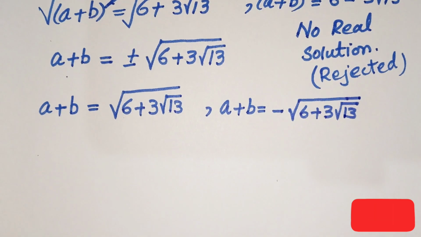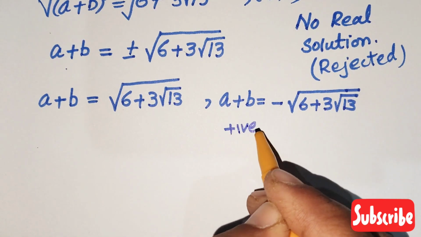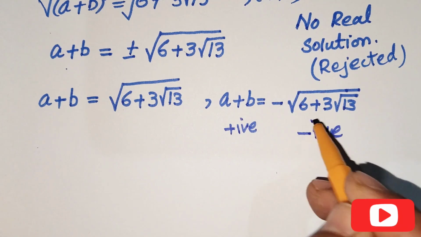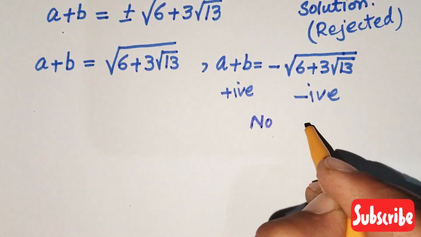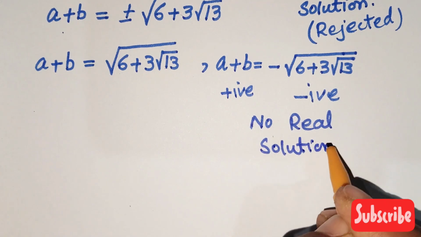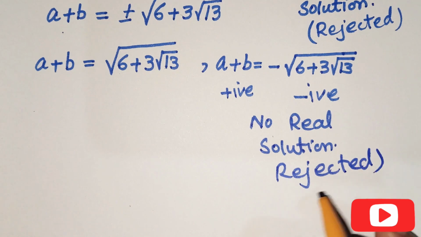So now we see that here it is our positive value of a plus b, but here it is our negative value, so we just write that there is no real solution as well. There is also no real solution, so we are going to reject this value here. So rejected this value as well.